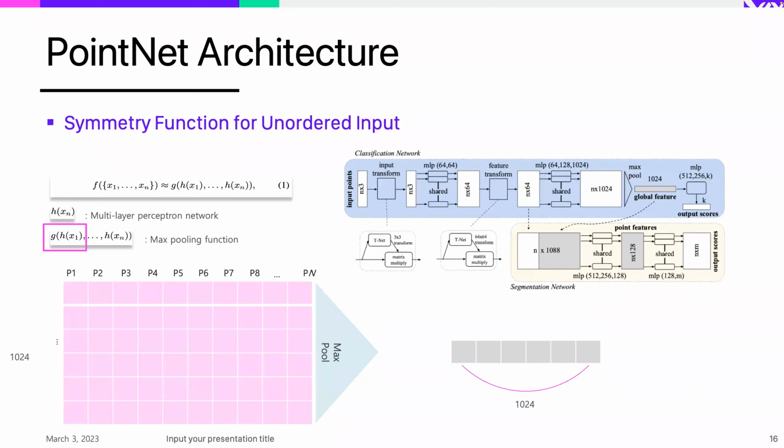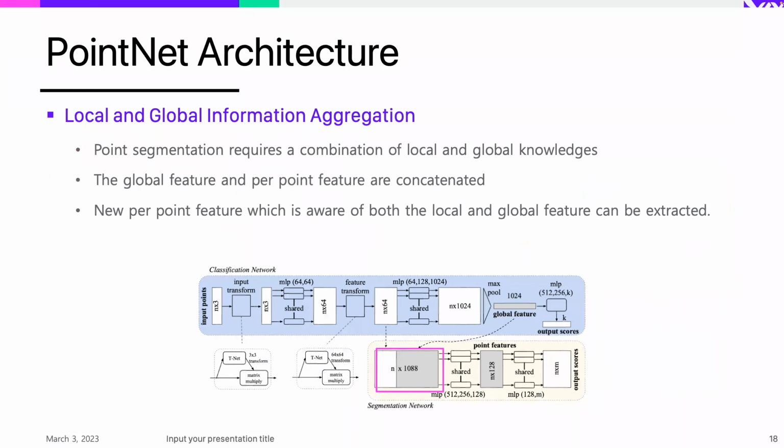It enables the network to output the same vector regardless of the permutation of the input point cloud. This is the point where the network can capture different properties of the set. The output from the symmetric function module forms a vector, which is the global feature of the input set.